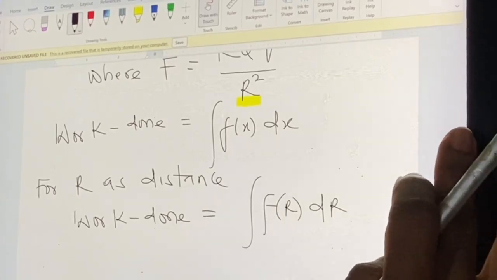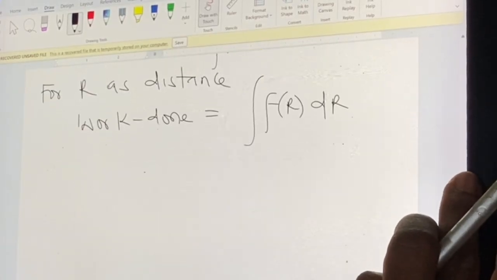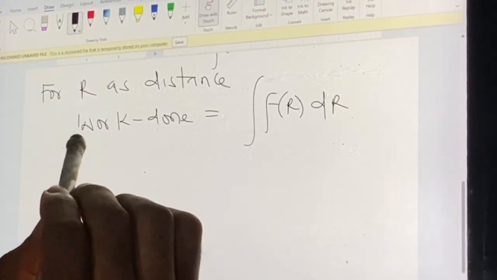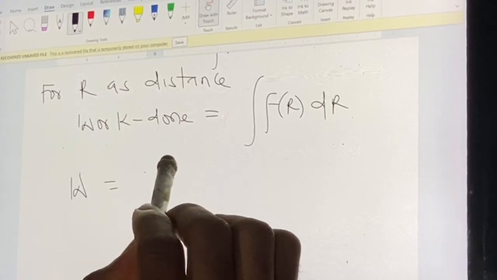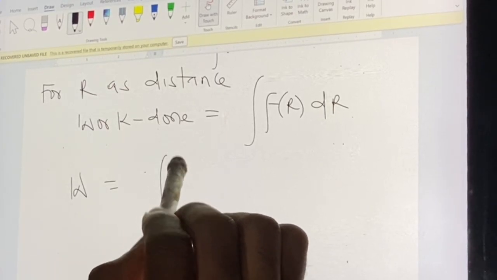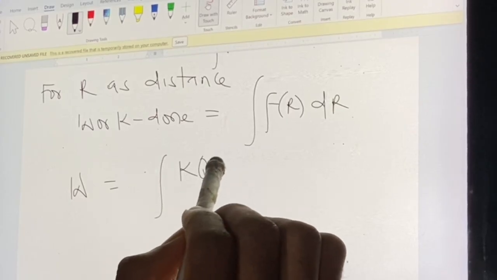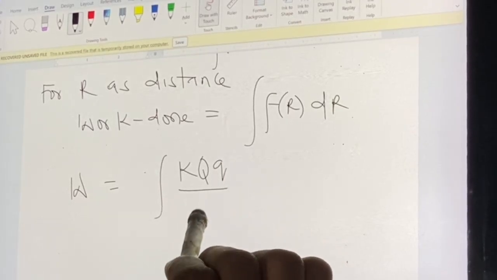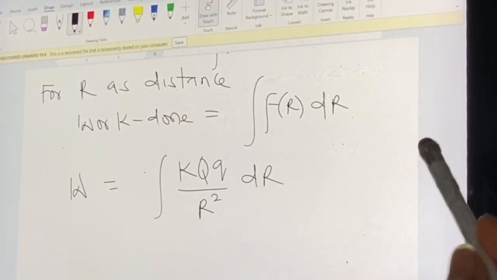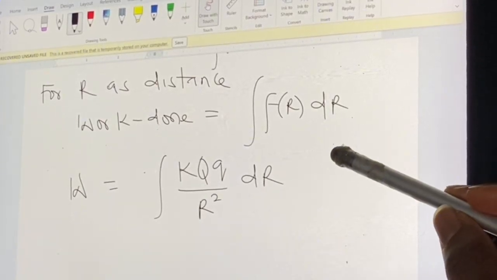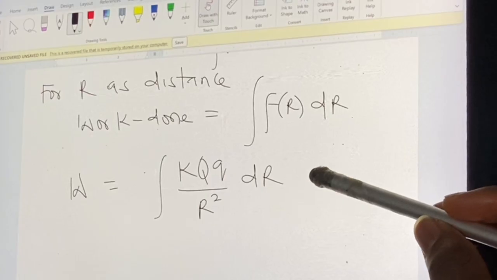So replacing the f of r here, our work done will be equal to the integral of K Q q over r square dr. Our intention here is to integrate this particular expression.